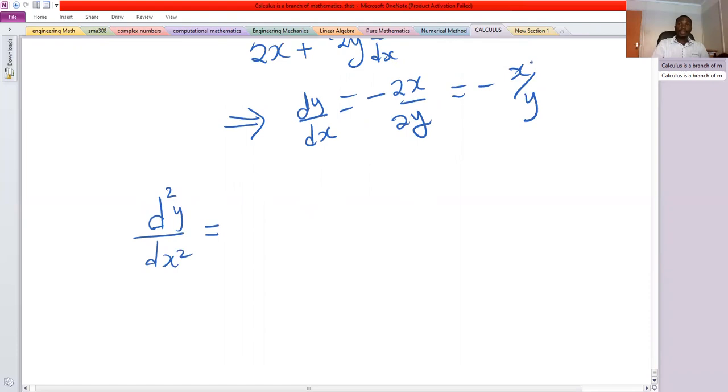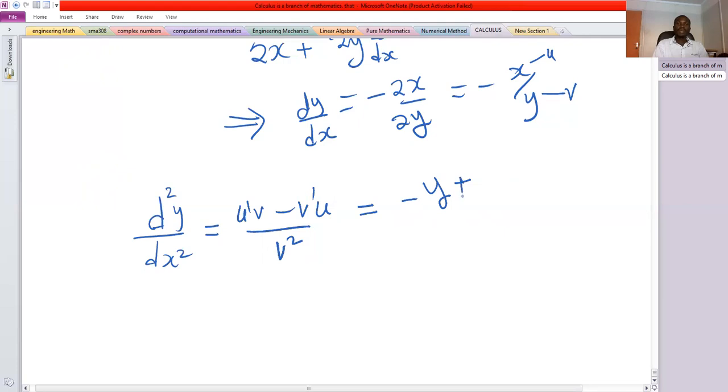So you let this one be u, this one be v. So it's u prime v minus v prime u over v squared. So v prime is negative 1 times y, v is negative y, minus v prime is dy dx times v.